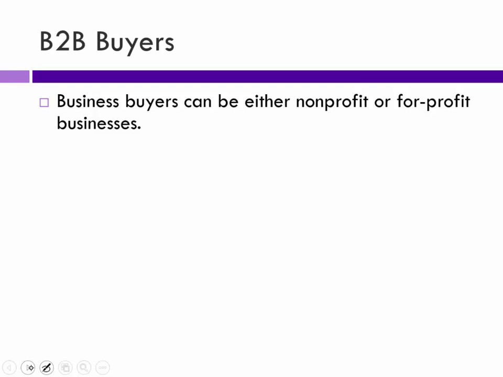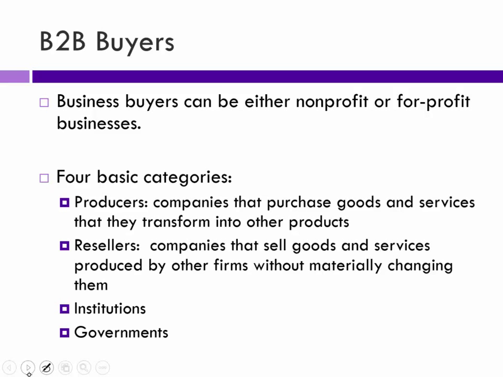So buyers too. Here we've got the buyer in the business-to-business market. We can have nonprofit or for-profit, and we put them into a couple different categories here. Producers purchase, say, raw materials and transform them into another product. So it could be a manufacturer, buying things and then turning them into a product that they sell.